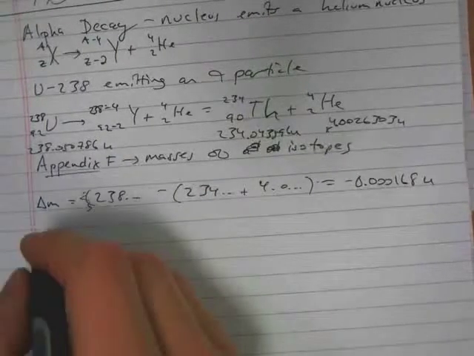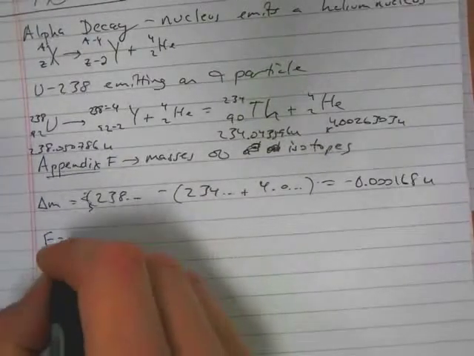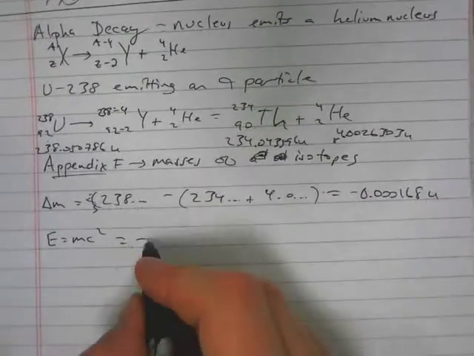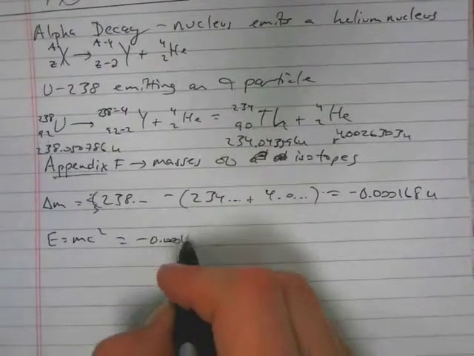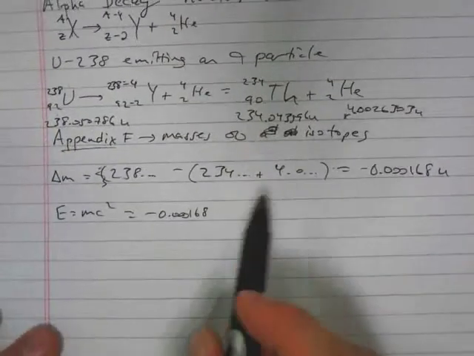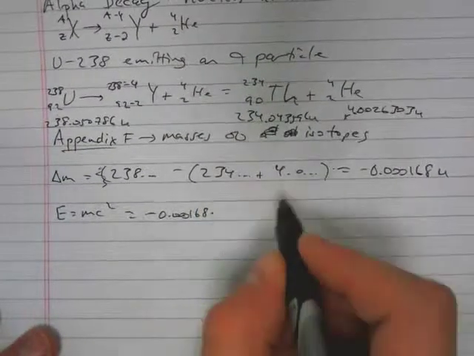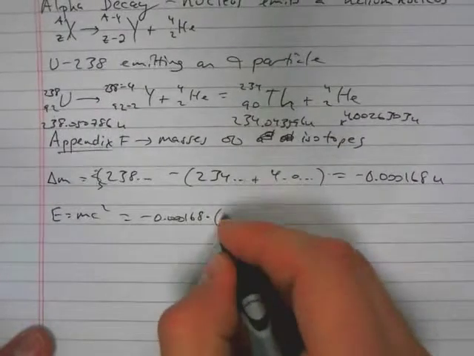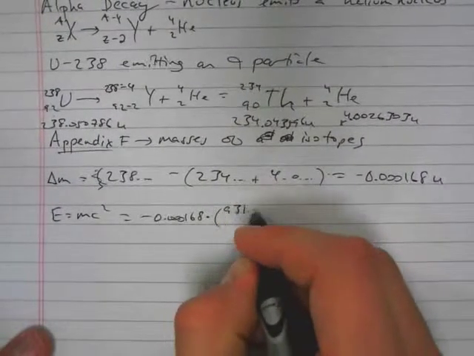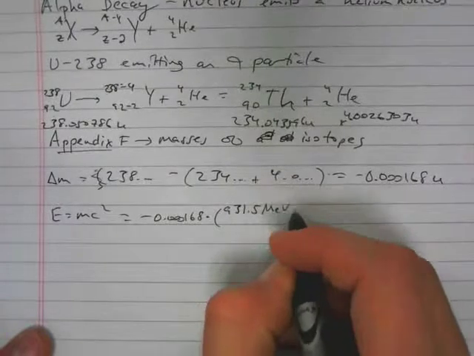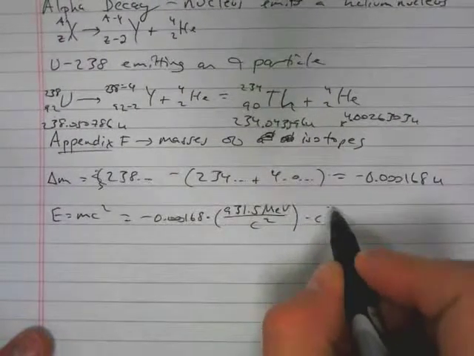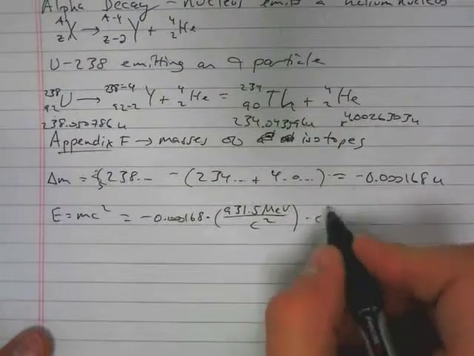We know E equals mc squared, and this mass, 0.000168, times, well, one mass unit was 931.5 mega electron volts per c squared, speed of light squared.